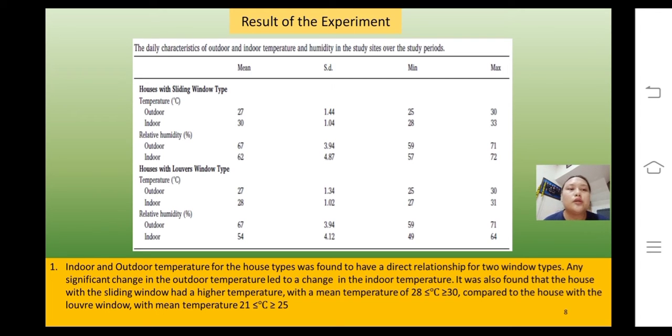It was also found that the house with the sliding window had a higher temperature with a mean temperature of 28 to 30 degrees Celsius compared to the house with the louvre window with mean temperature of 21 to 25 degrees Celsius.